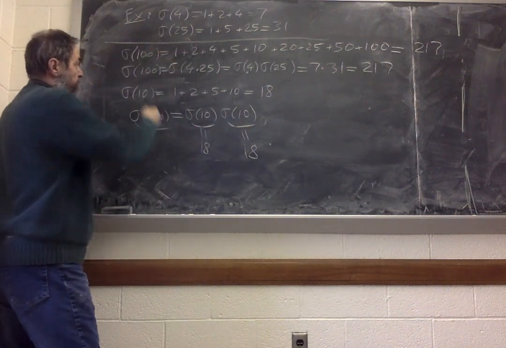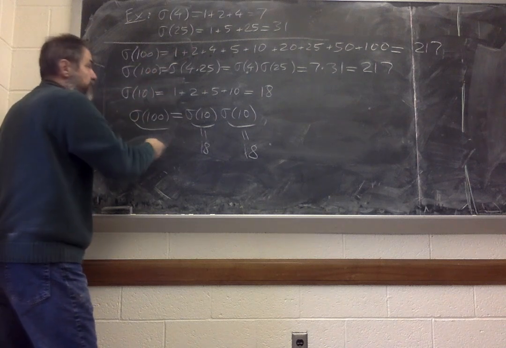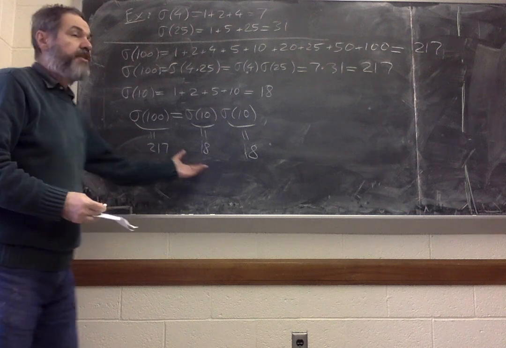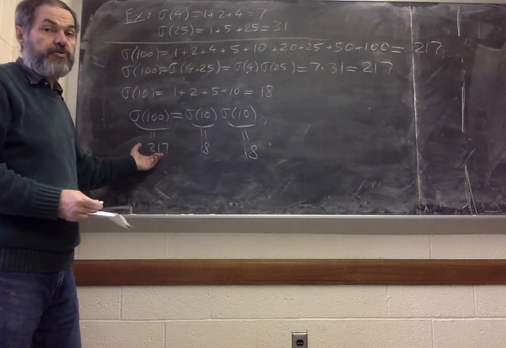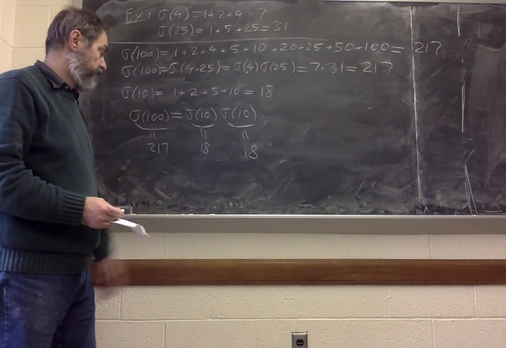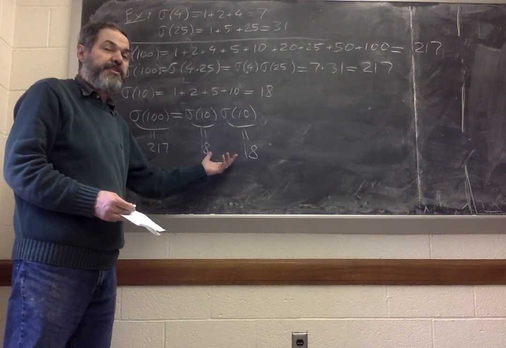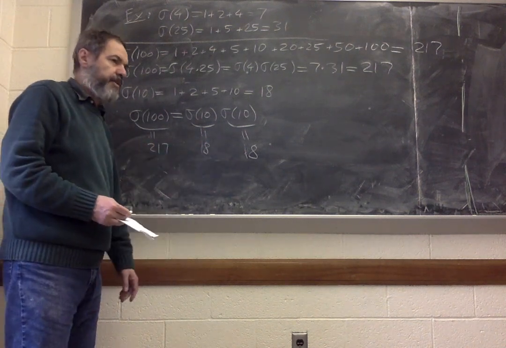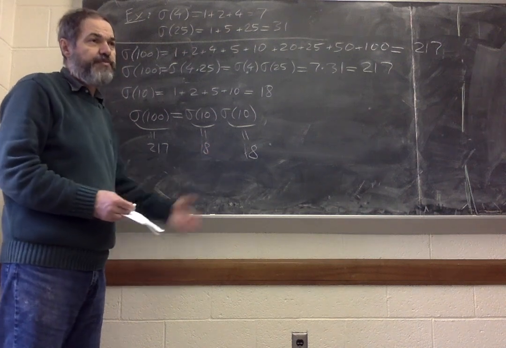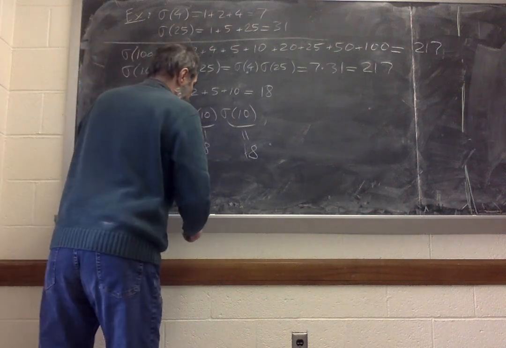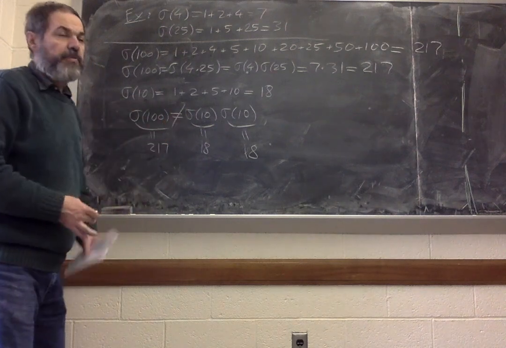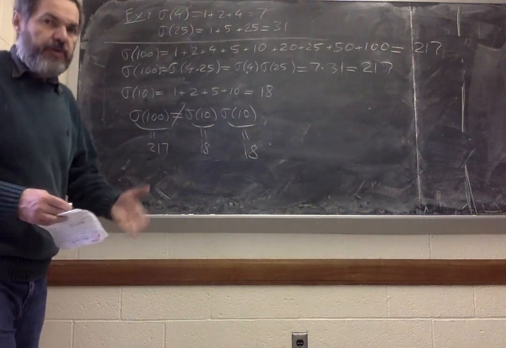This one, we computed in two different ways, and it's 217. 18 times 18 is not equal to 217. 18 times 18 is an even number. This is an odd number. What's 18 times 18? 324? Yeah. 324. They're not equal. So let's write that they're not equal. So we keep this in mind.